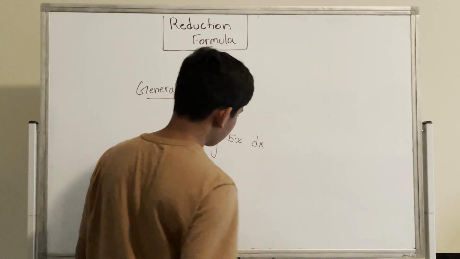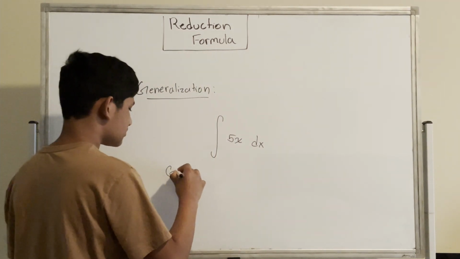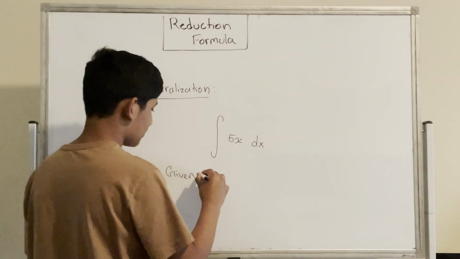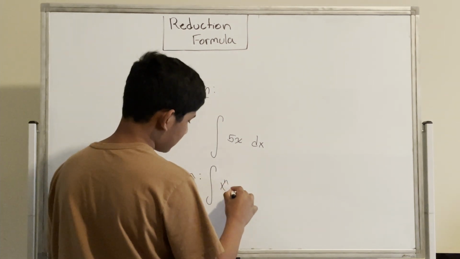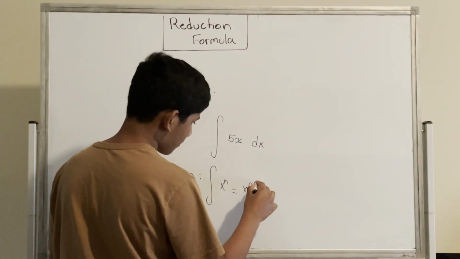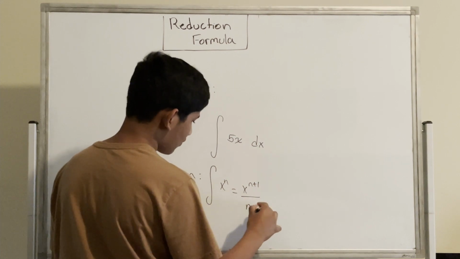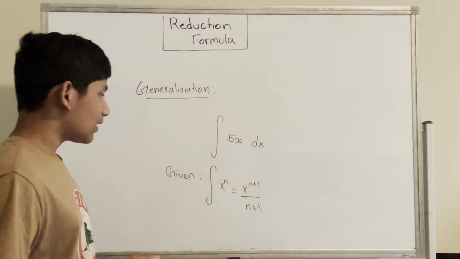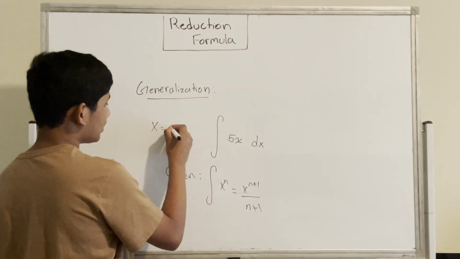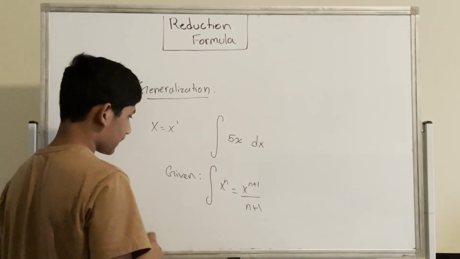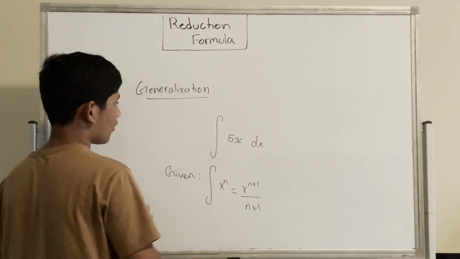How would we solve this? Now notice we're given the formula integral x to the n equals x to the n plus 1 all over n plus 1. Now notice when we just have an x by itself, this is actually equal to x raised to the power of 1. So as you can see, we have defined our n over here.